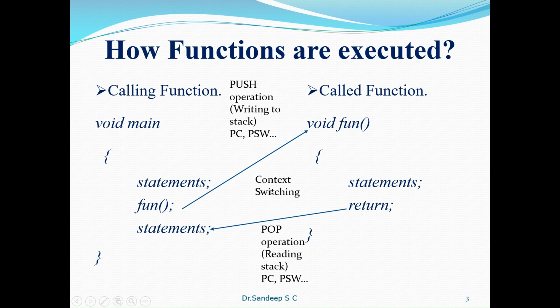And remember, this will take a certain finite amount of time, which is called context switching time. So this context switching time is going to be an overhead in the function. The more function calls we have, the more time we spend on context switching. So we should always make sure that context switching is as minimal as possible in the implementation.